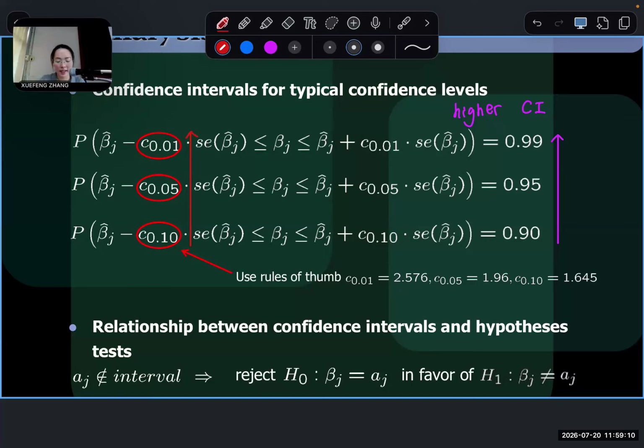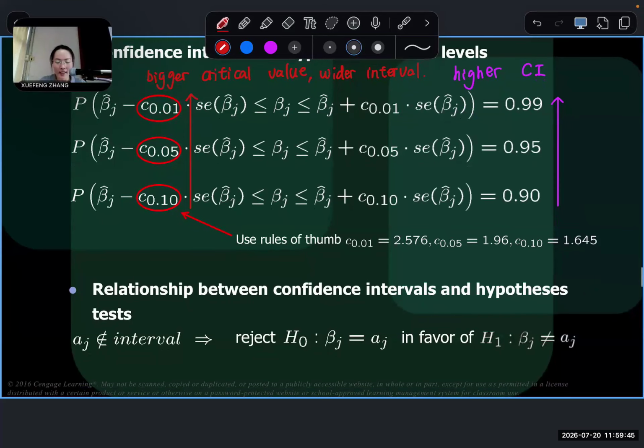Bigger critical value, and wider interval. Makes sense. To be more confident of capturing the true beta j, you need a bigger net.